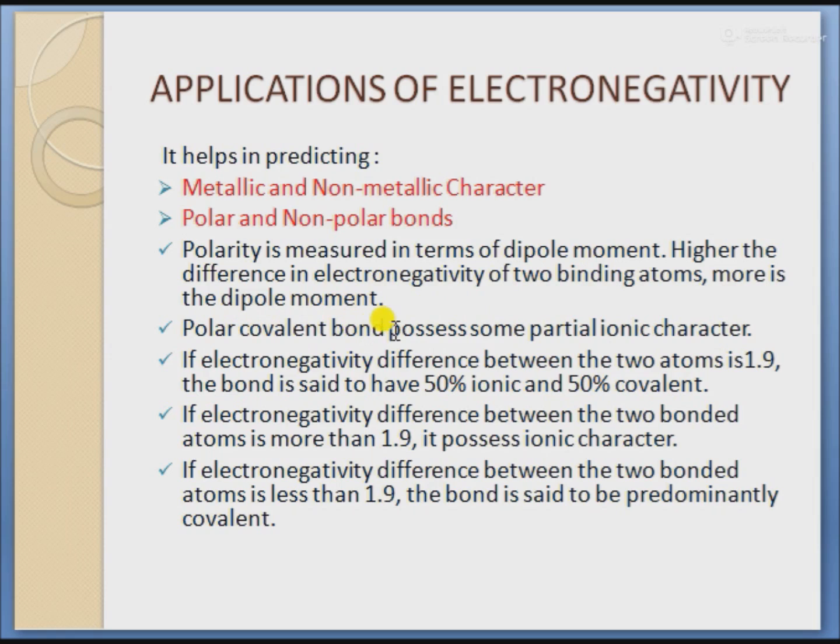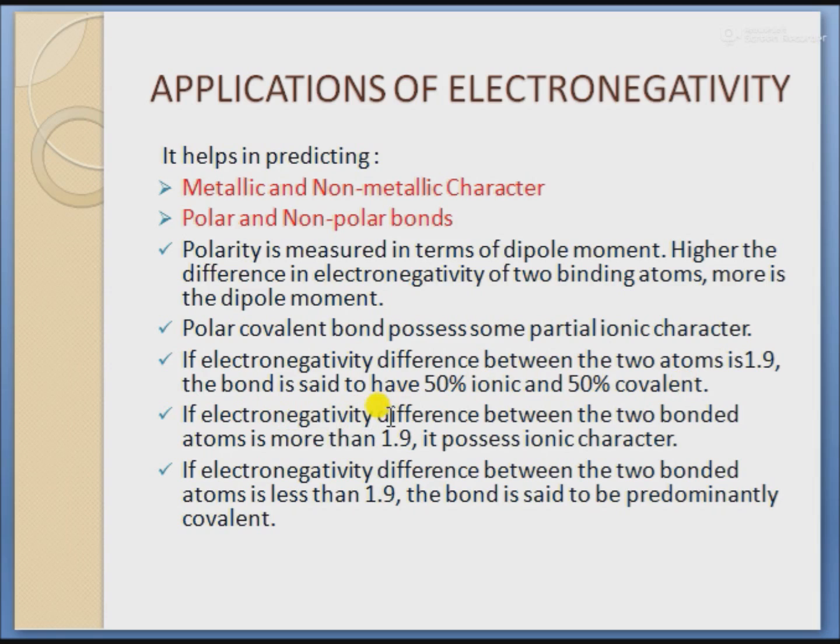Polar covalent bonds possess some partial ionic character, meaning covalent bonds have some ionic character in them. If the electronegativity difference between the two atoms is 1.9, the bond is said to be 50% ionic and 50% covalent. Ionic means complete transfer of electrons and covalent means mutual sharing of electrons.